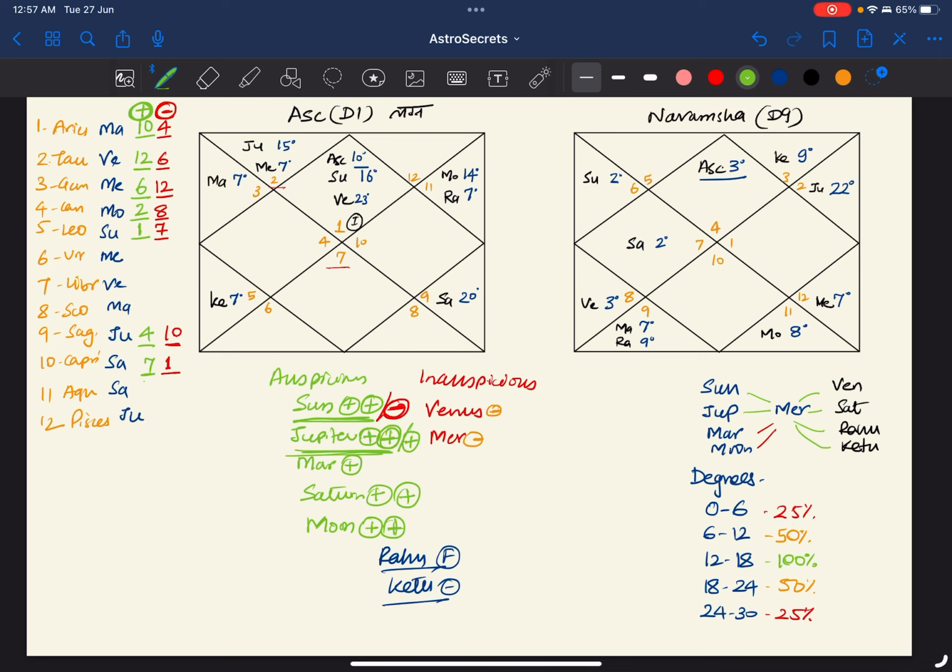The house is a bit bad, but then again, considering Mars and that this house is related to work, it can be considered good, basis the D9. If we take a look at Saturn, it is really well positioned in the D1 chart. D1 chart it is well placed, D9 chart also it is really well placed. We already covered that part, and so here it is marked as plus and plus.